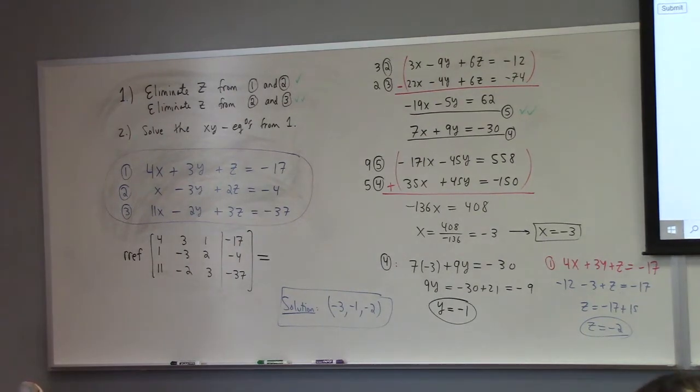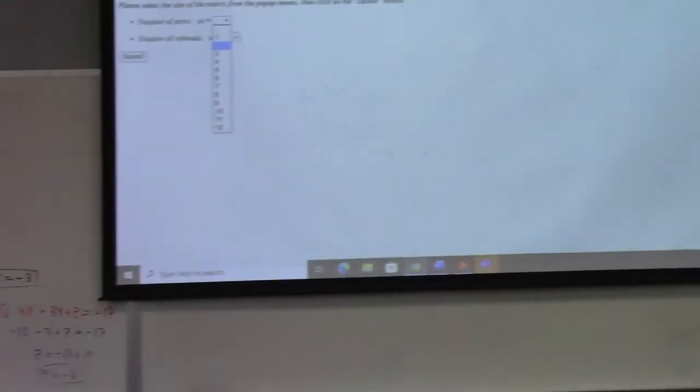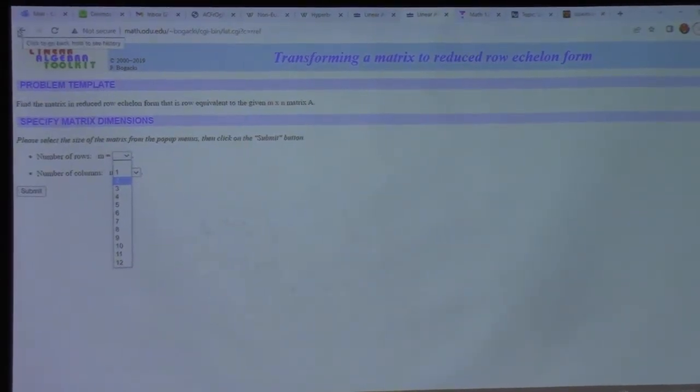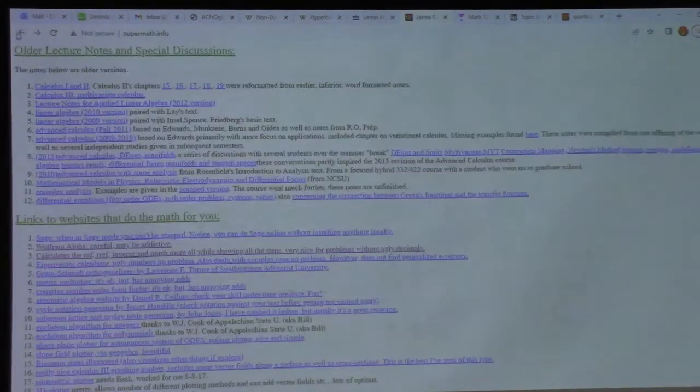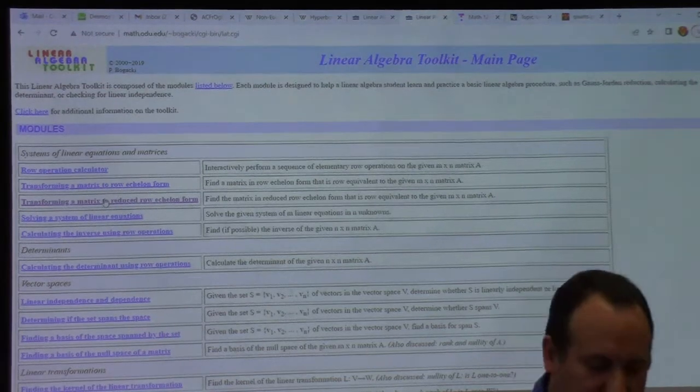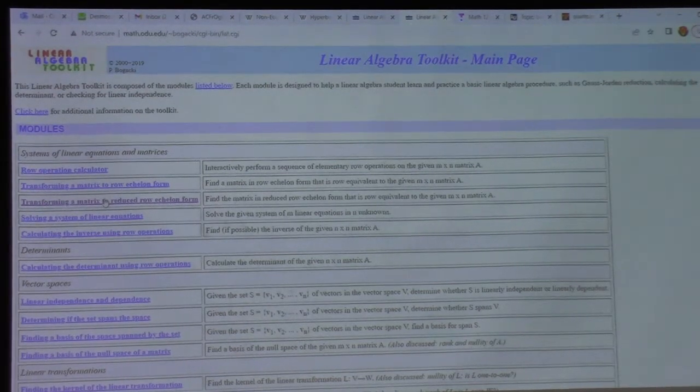So this website right here, which is available on my website, if you look down my Supermath page, down the links to websites that do the math for you, it's number 3 on that list. And so then you're looking for transforming a matrix to reduced row echelon form, which is number 3 there too.